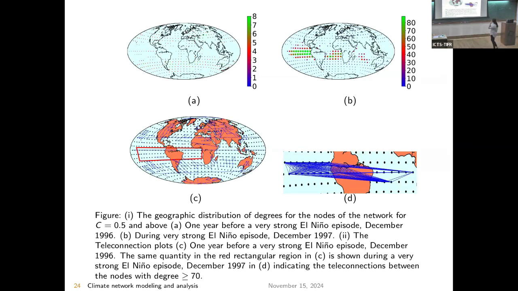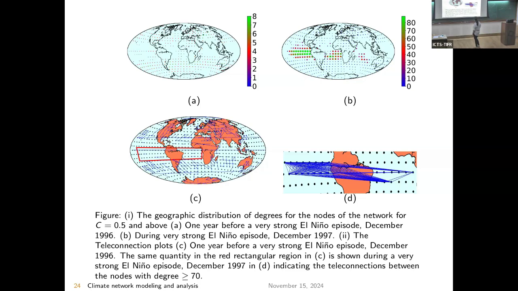Now we are going to do the degree distribution. This is the El Nino basin. So this is one year before the very strong El Nino episode, 1996, and during the very strong El Nino episode, and these are the teleconnection plots. So you mostly have links in this hemisphere and this hemisphere. There are some spurious links which are crossing, but mainly the contributing links for the degrees are coming from within.